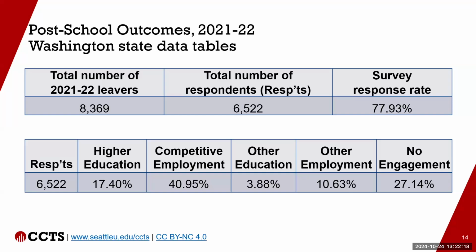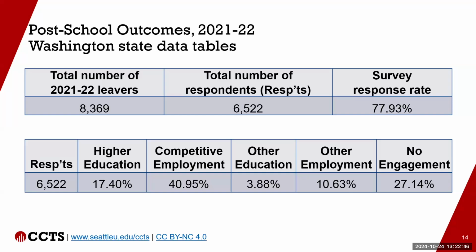So it could mean that the student is working, but they just didn't work 90 days in that year that they were gone. Or maybe they weren't making minimum wage. Maybe they were making sub minimum wage because they had a special circumstance. Or maybe they were going to some sort of higher education, but they didn't complete a term yet. They have just started going to higher education.